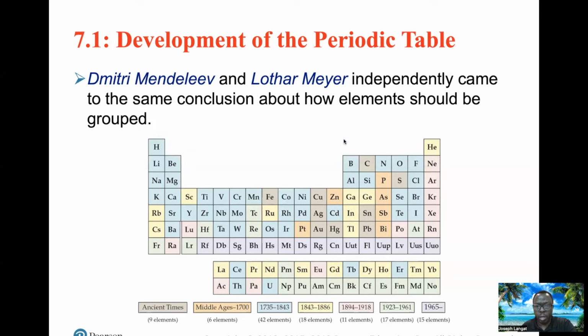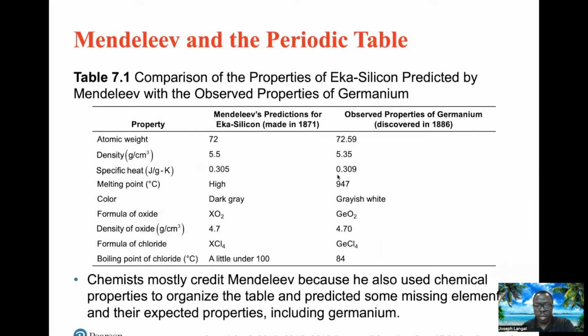For eka-silicon, germanium, Mendeleev predicted the atomic weight would be 72, and when it was discovered in 1886, it turned out to be 72.59.